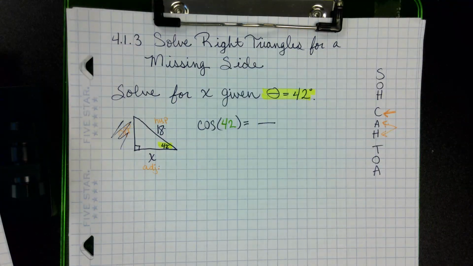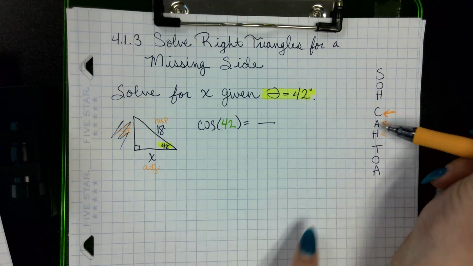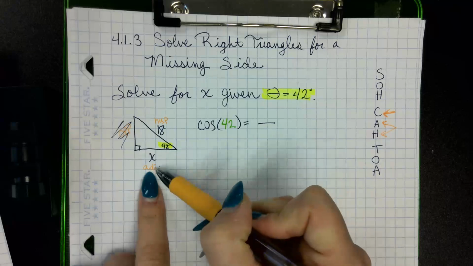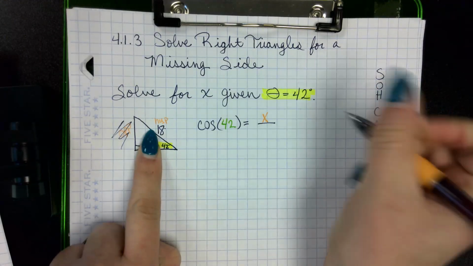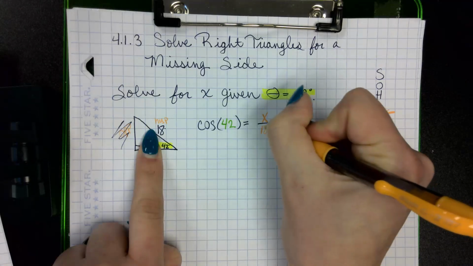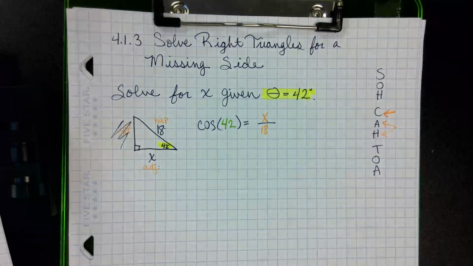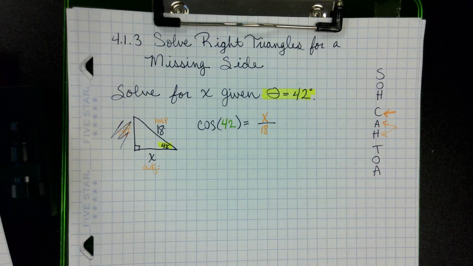Cosine of 42 degrees equals A over H. A on top, H on bottom. So A is on top, that's X. H is on the bottom, that's 18. Cosine of 42 degrees equals X over 18. So I have an equation.